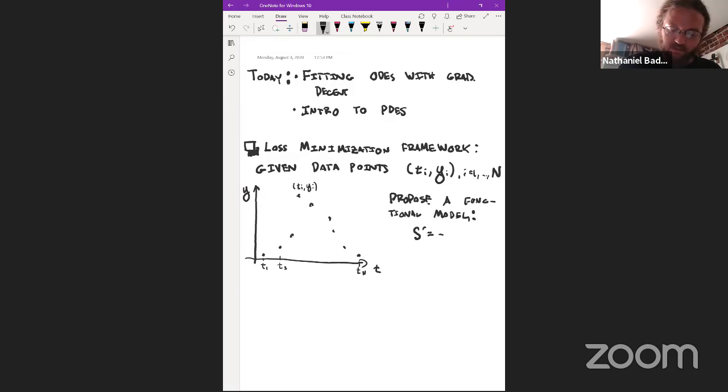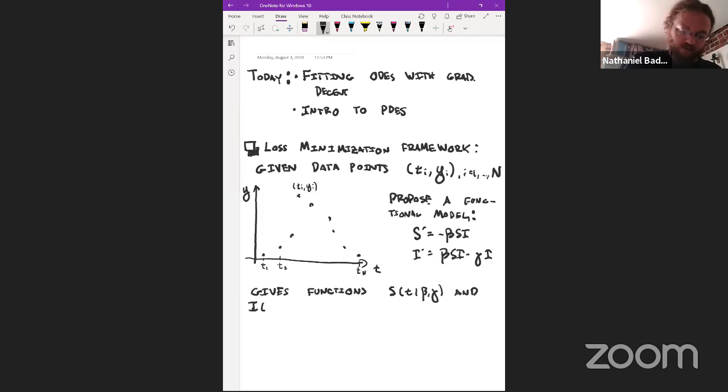So S prime is equal to minus beta S I, and I prime is equal to beta S I minus gamma I. So in particular, this gives functions S, which depend on T, and also depend on beta and gamma, and I, which depends, of course, on T, but also depends on beta and gamma.